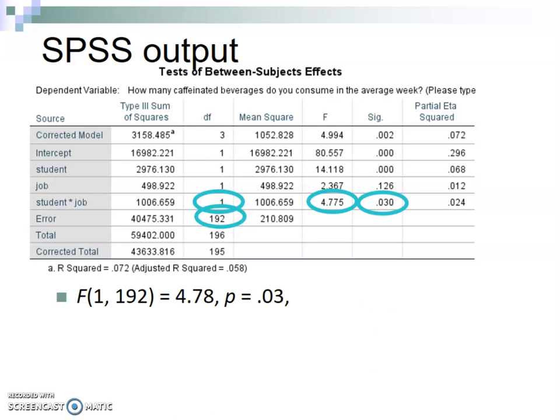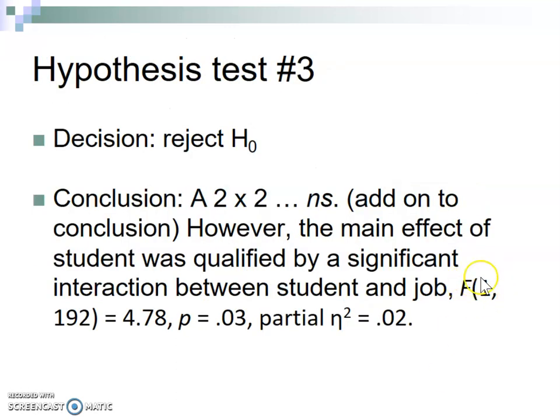Since we rejected the null hypothesis and did find a significant effect, we would report our partial eta squared here, our measure of effect size. So I'm going to add that to the end of the sentence. That is where you get all the statistics from, and we will plug all of that information in here at the end of that sentence. So there's all our stats.